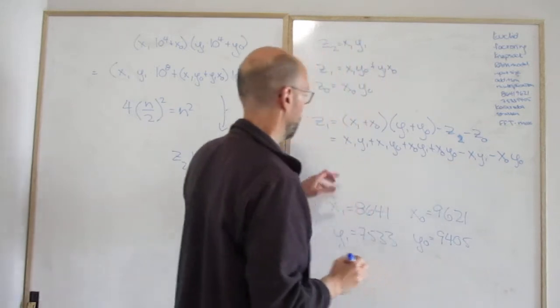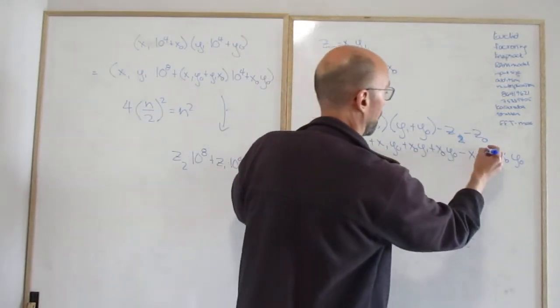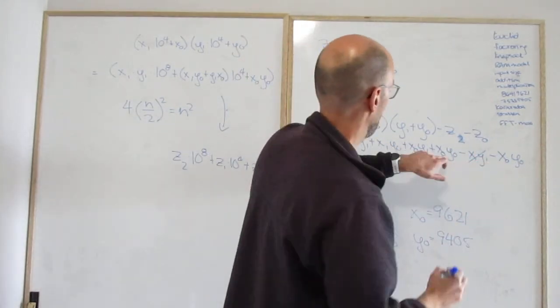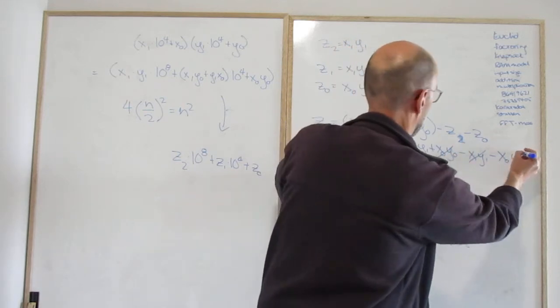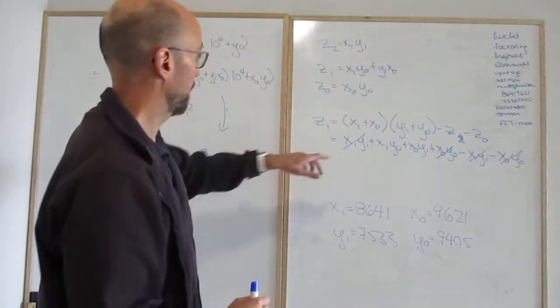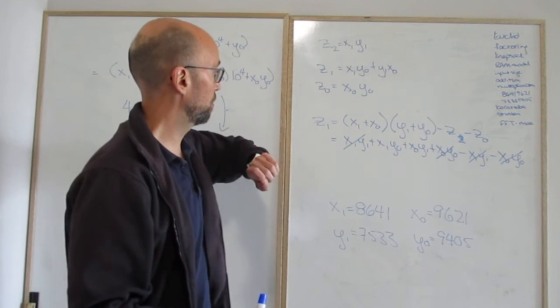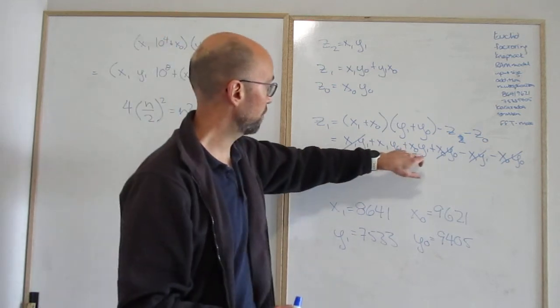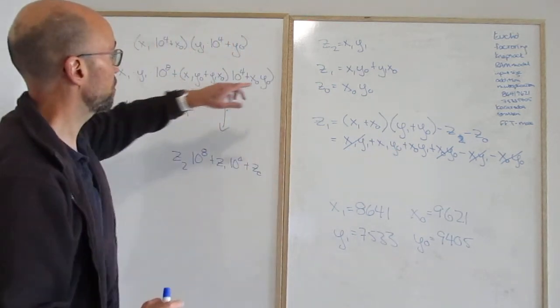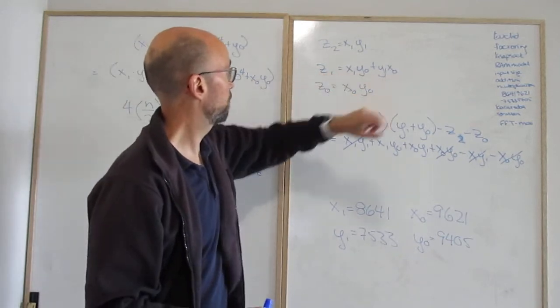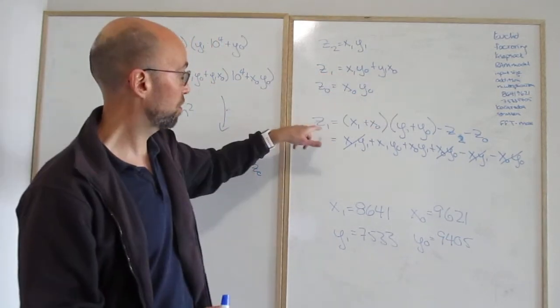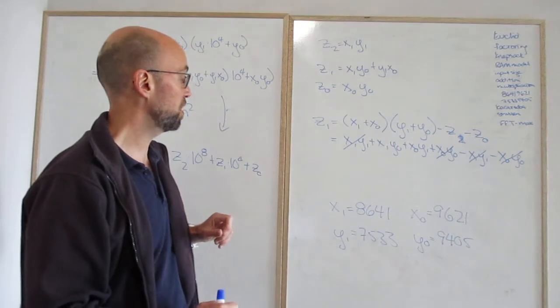So this cancels, and x0 y0, this cancels. So you get x1 y0 plus x0 y1, which is exactly what you want for z1. So this is true. This is a correct observation.